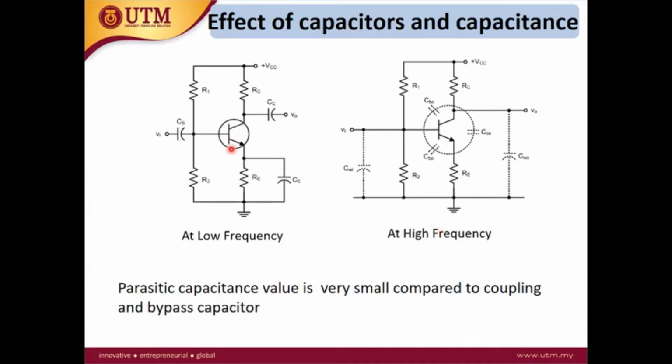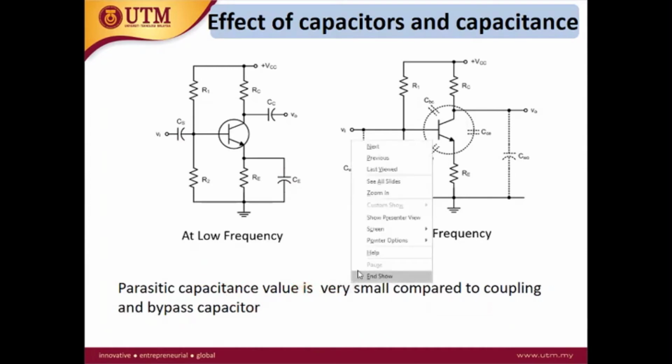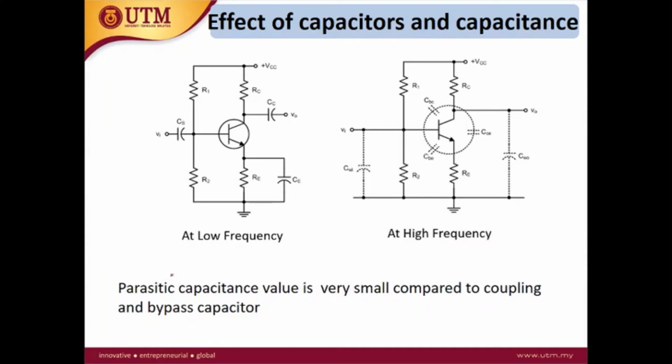Okay. And then the difference between the stray capacitance and the capacitor that we added as the coupling and bypass is the value. The parasitic capacitance value is very small compared to the coupling and bypass capacitor. In general, parasitic capacitance can be in the value of picofarad, and the coupling and bypass capacitor in microfarad.